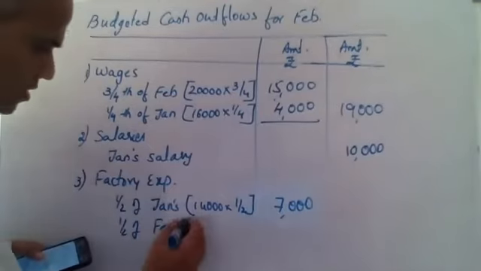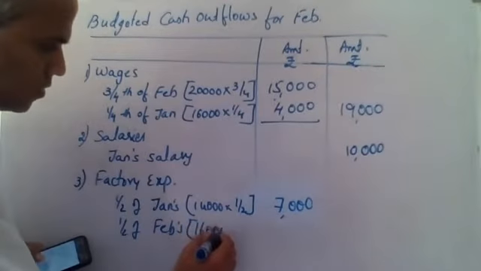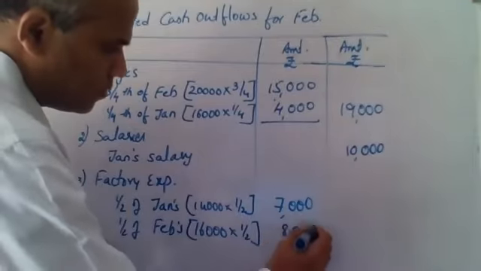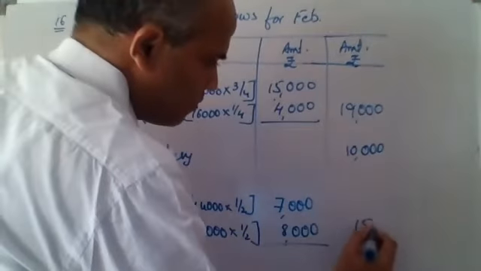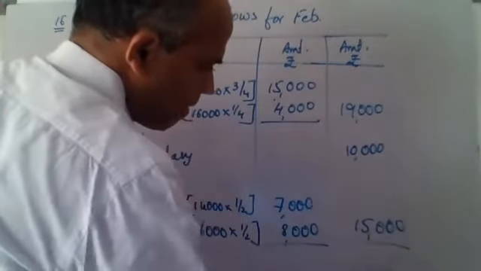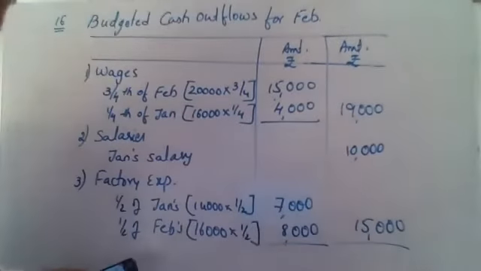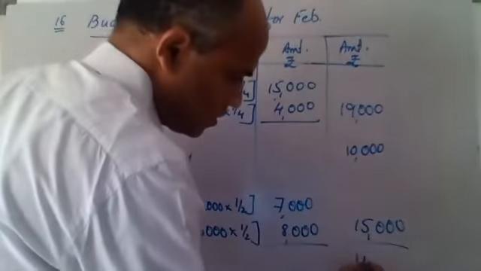And this month it is 16,000. 16,000 into half, it is 8,000. So it is 15,000 rupees. So totally 10, 20, 30, 40, 44,000 is your budgeted cash outflow.